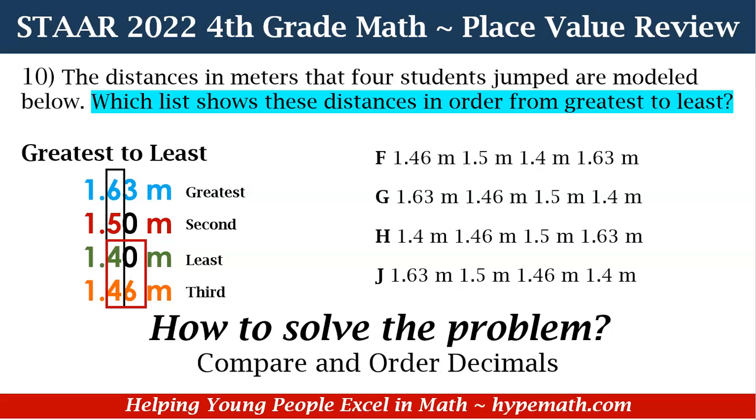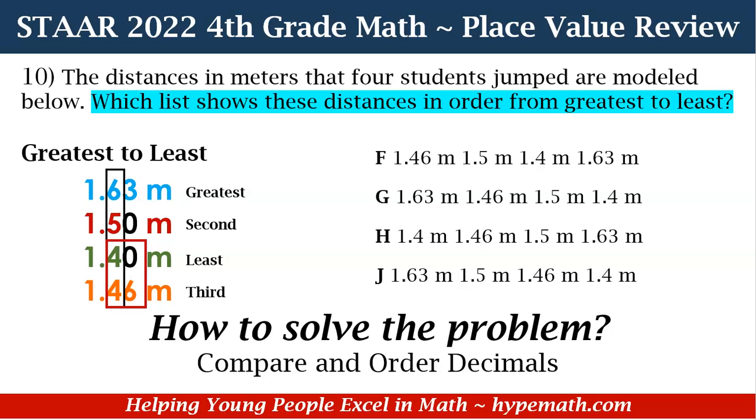Now we need to find the second greatest number, and that is 1.5 or 1 and 5/10 meters. That is second. Why is that? Because 5 is the second largest number.